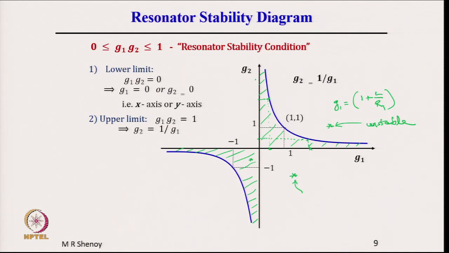The area enclosed by the axis and the 1 by x curves here represent the stable region. So, the shaded region represents stable resonators. That is the importance of this resonator stability diagram.